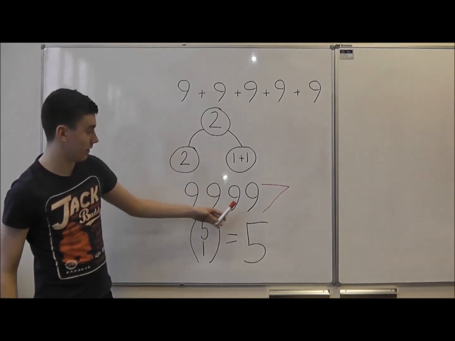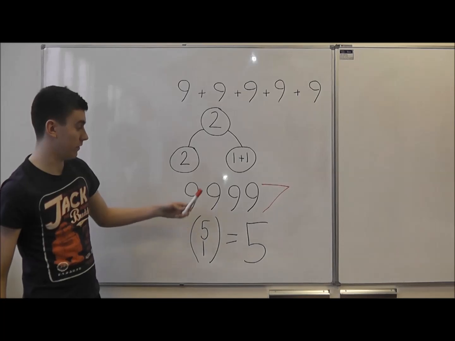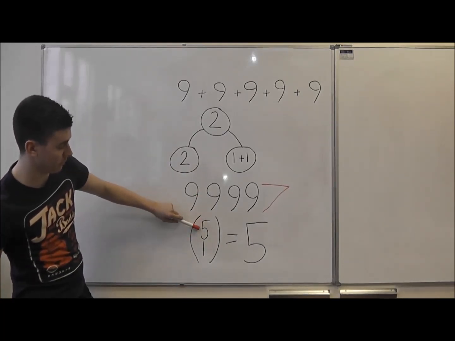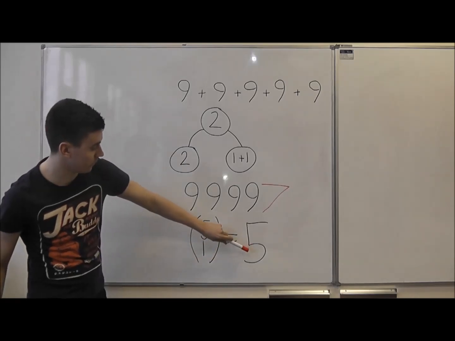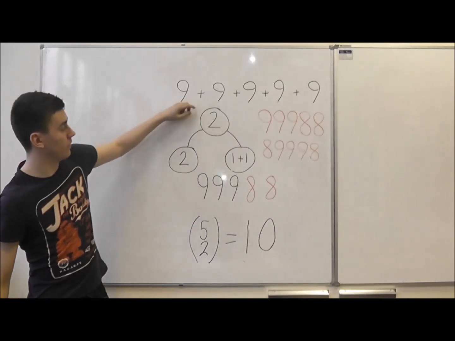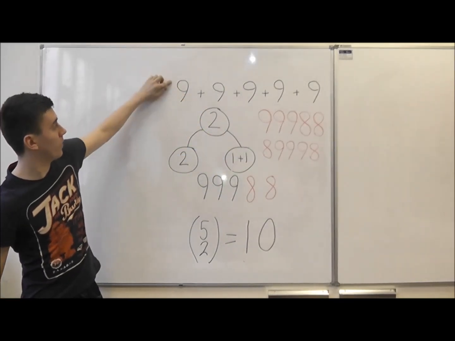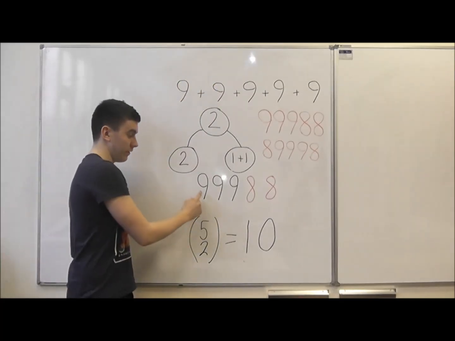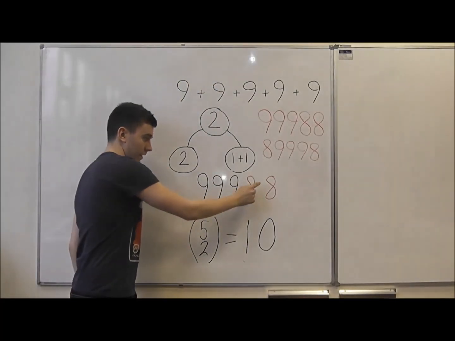And the way we decided on the number of combinations is using the combination formula, choosing one position from the 5 positions, and that just further backs up the fact that we have 5 possible numbers. The second route you could take is taking 1 away from one of these digits and then 1 away from a different one of these digits. That leaves you with the digits 9, 9, 9, 8, 8.